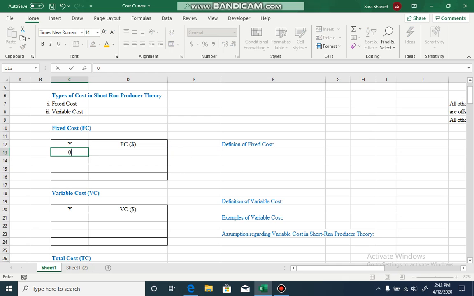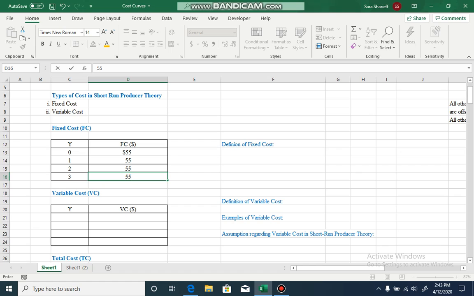So even if zero output is being produced, he will have to pay the weekly rent of $55, right? If one output is being produced, he will have to pay rent of 55. So regardless of the number of output which is being produced, he has to pay $55. So fixed cost is independent of production, right?